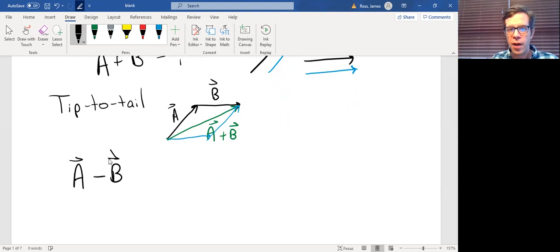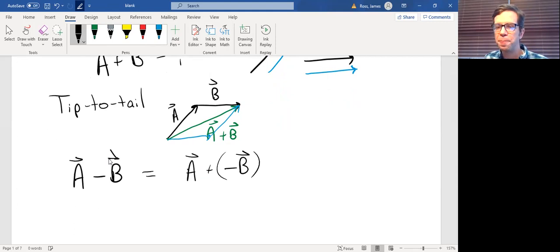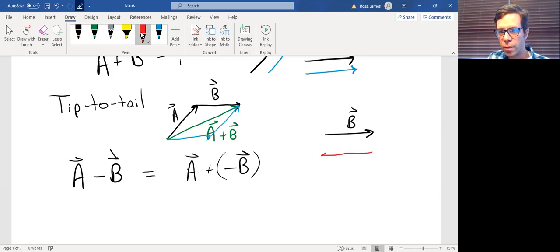So what would it be to define A minus B? Using the same vectors we have, A minus B means A plus negative B. What does it mean to be the negative of a vector? A vector has a length and a direction. So when we define minus a vector, that just means it's the same length in the opposite direction.